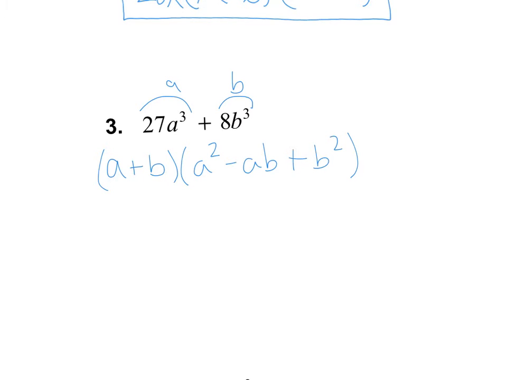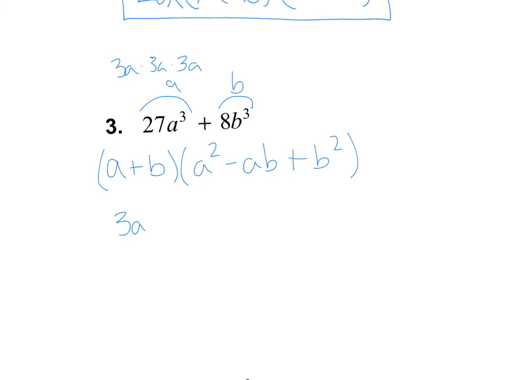Remember, 27 is 3 times 3 times 3. That's how you get a, or 3 cubed. So it's just 3a. Okay, so when you have 27a to the third, you have 3a times 3a times 3a.